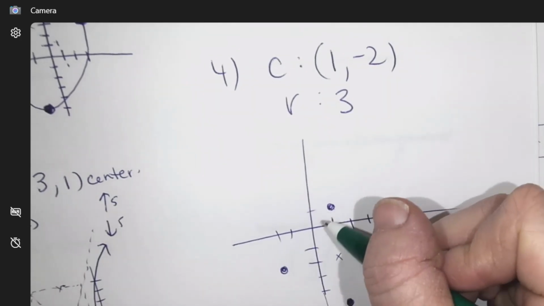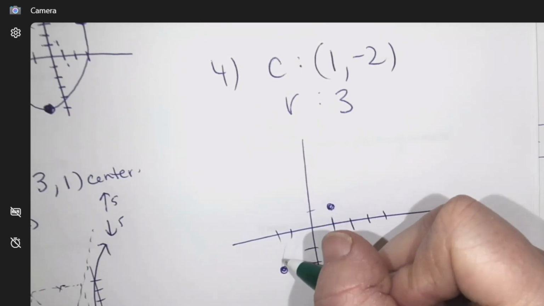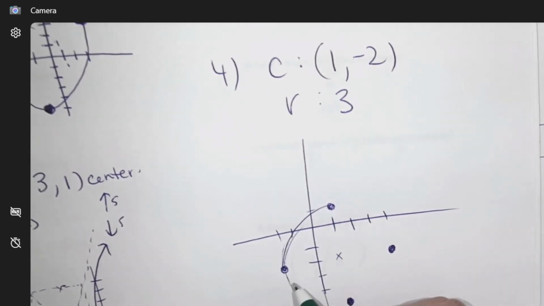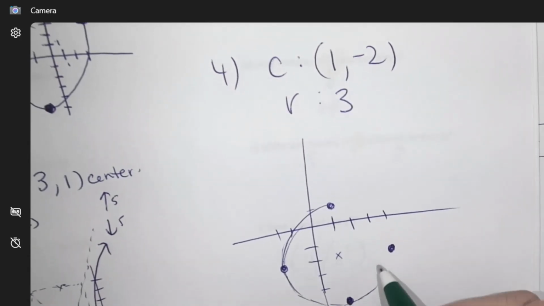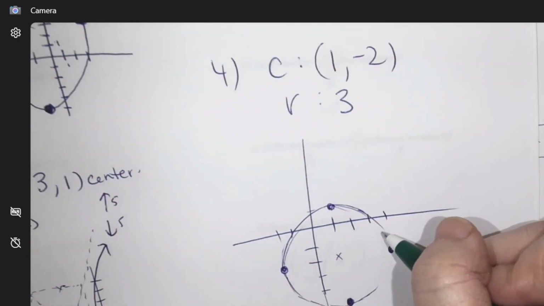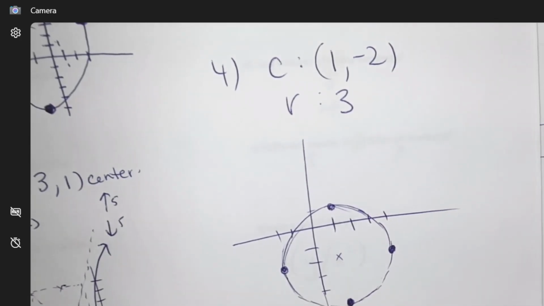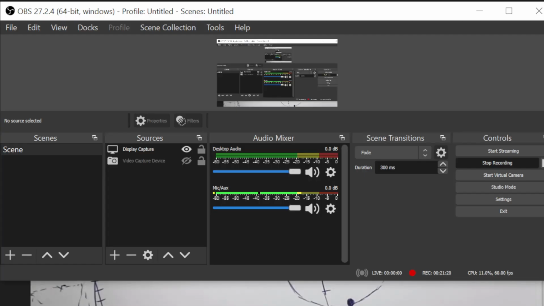And then, here it is, the perfect circle you've ever seen. Boom. Oops, not me. Wow. There you go. Ooh, that was a brain buster.